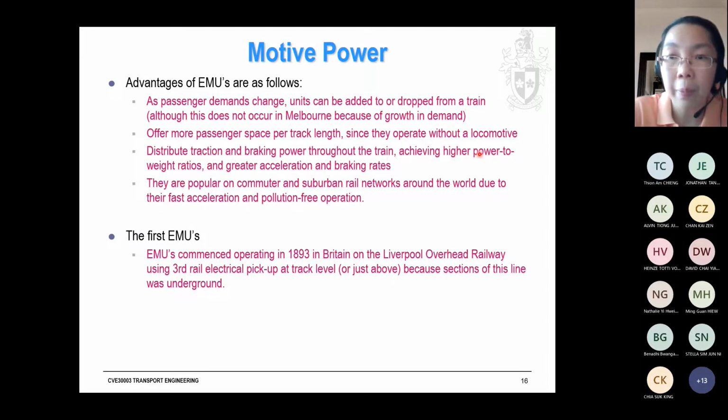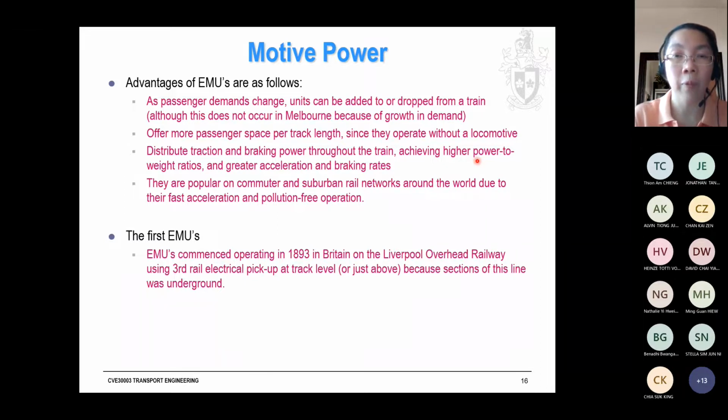Now, a higher power to weight ratio is something that a rail system really requires. What it means is that for a train to move forward, it really requires a lot of power. Imagine you have such a long train and the train is stationary.